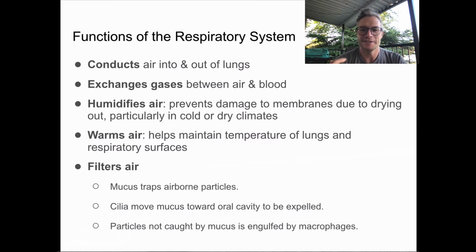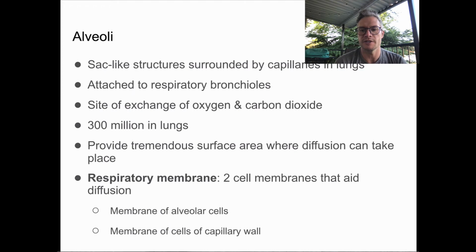Okay, so that's kind of the broad function and different anatomical structures that are present in the respiratory system. But one of interest in particular is the alveoli, and really needs a lot more of our attention.